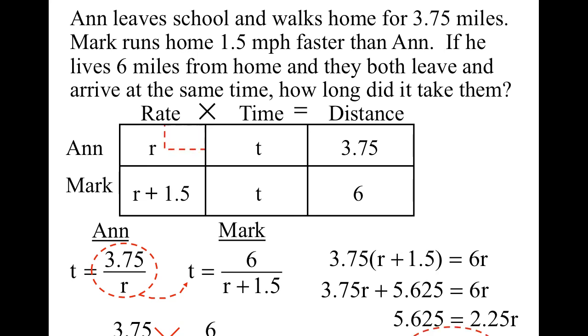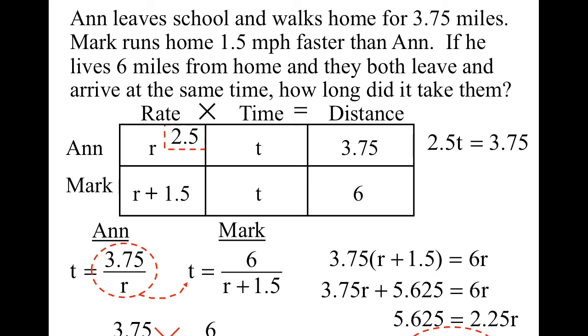So if r is 2.5, then Mark is traveling 4 miles per hour. But now we have to go back to the question. If they both leave and arrive at the same time, how long did it take them? So they want the time this time. So what you have to do is just substitute in for either of the distance, rate, and time formulas.